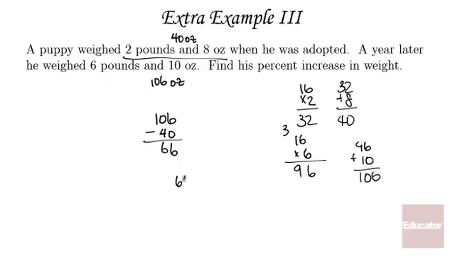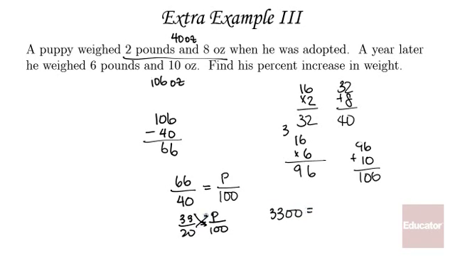So my change is 66 over 40, the original amount. The amount of change, 66, over the original amount, 40, equals percent of change over 100. I'm going to simplify here to 33 over 20 by dividing the numerator and denominator by 2 and do my cross products.